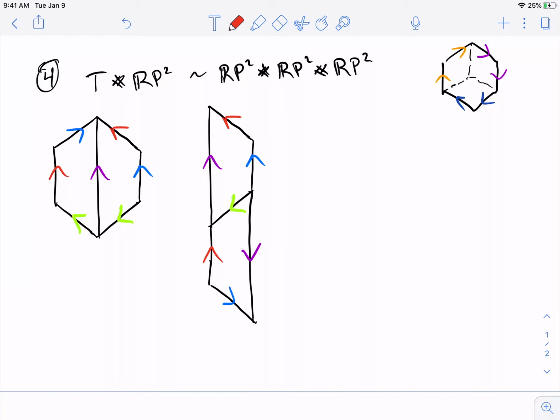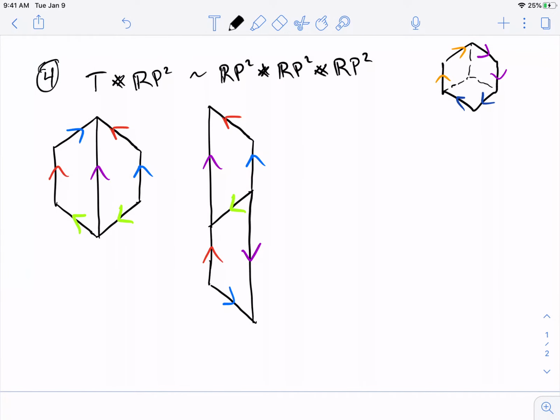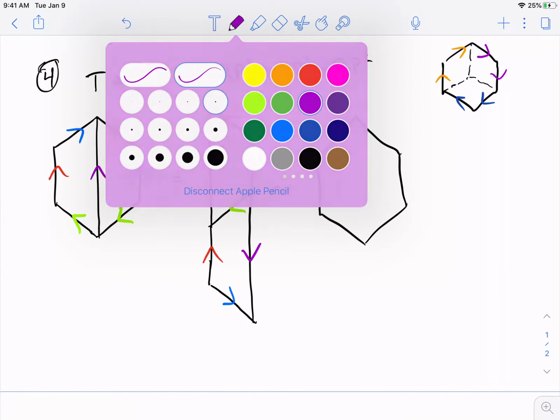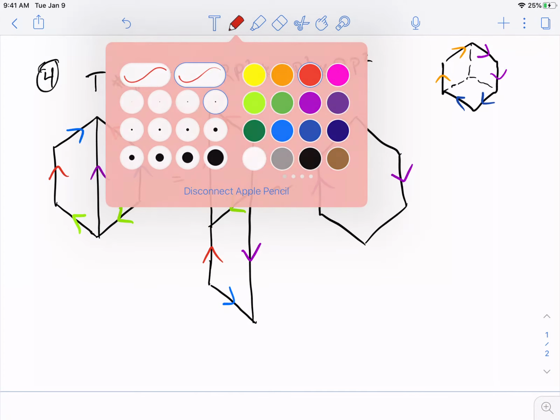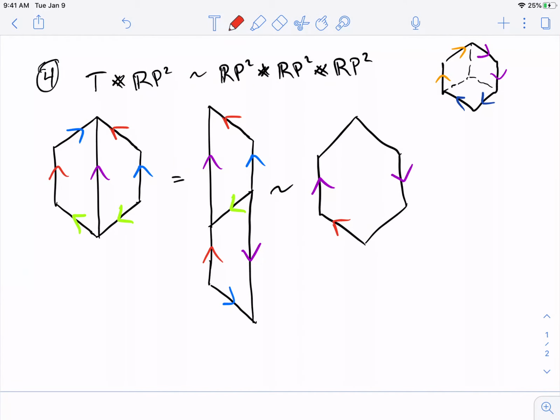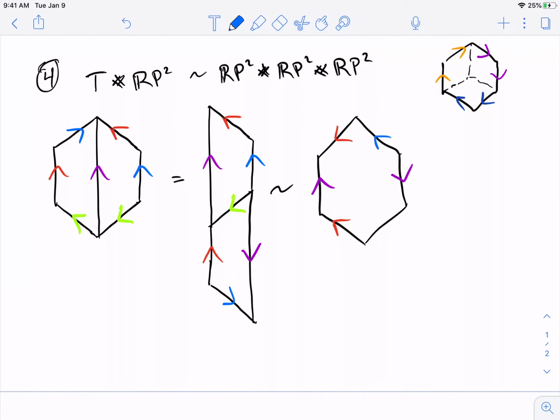Okay. And now we only care about topological equivalence. So I am allowed to stretch this. So I'm going to stretch it just to get another hexagon. And then I have that, that, and that, hopefully.